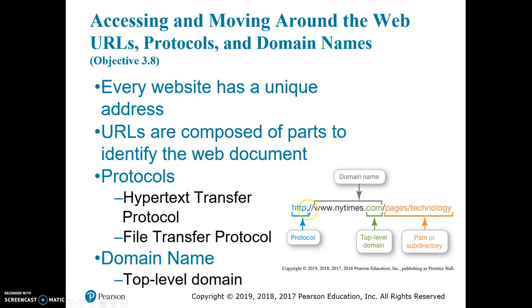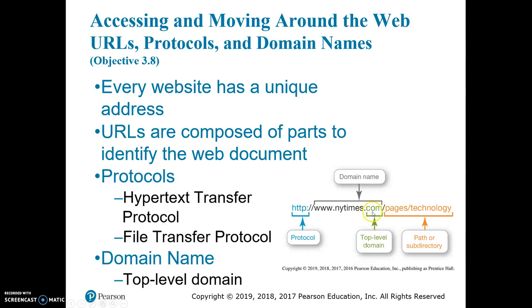And then starting here with the slashes, www.nytimes.com, all of that part together is the domain name. The .com is a little subset of the domain name, and that is called a top-level domain. That's just telling you what sort of website you're visiting.